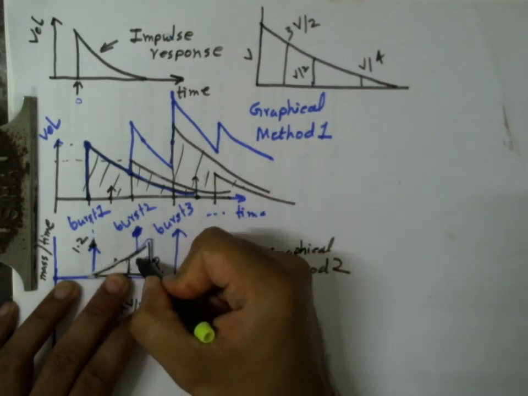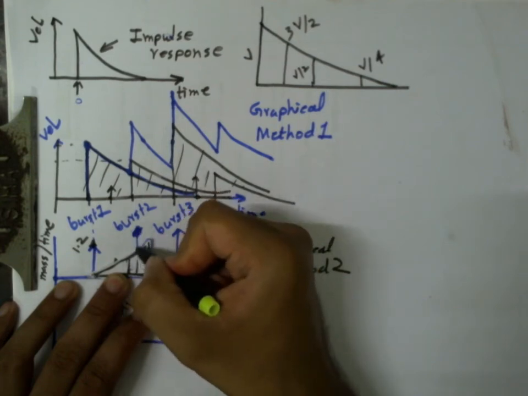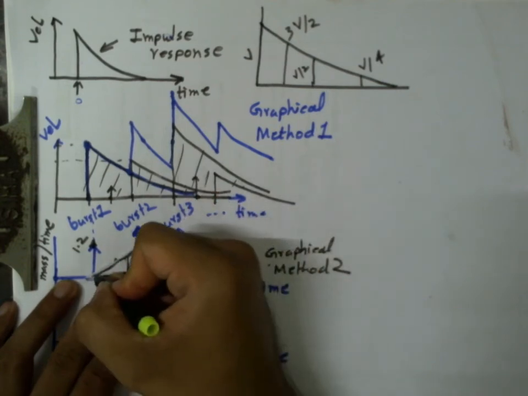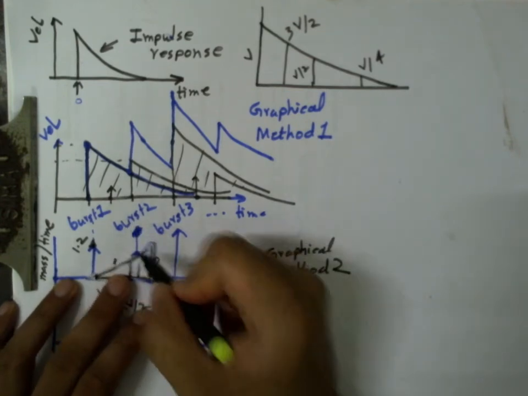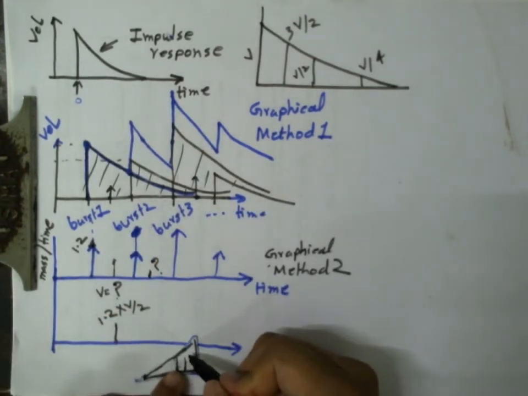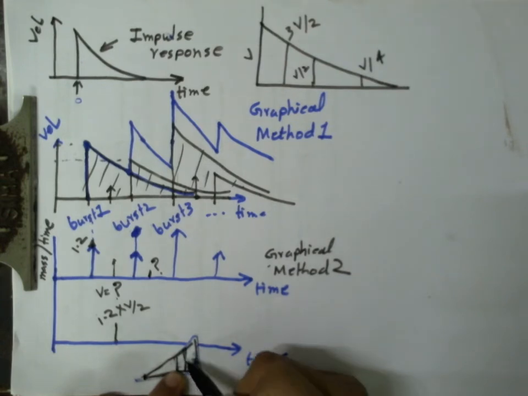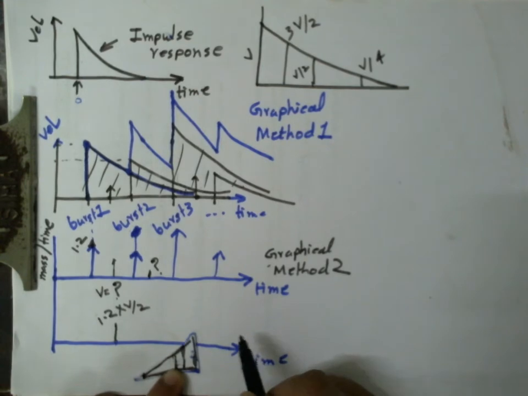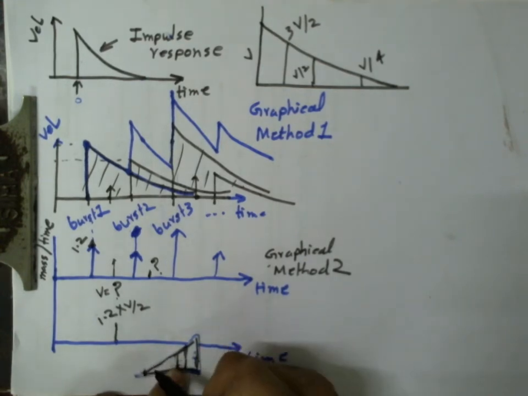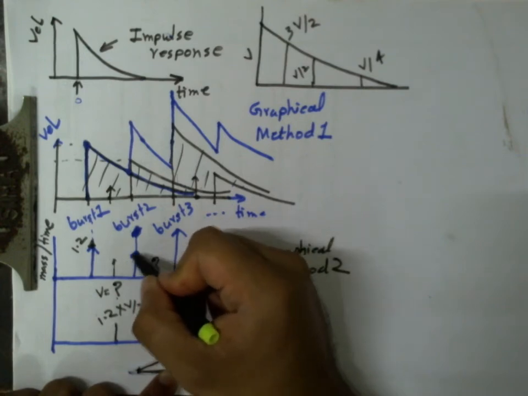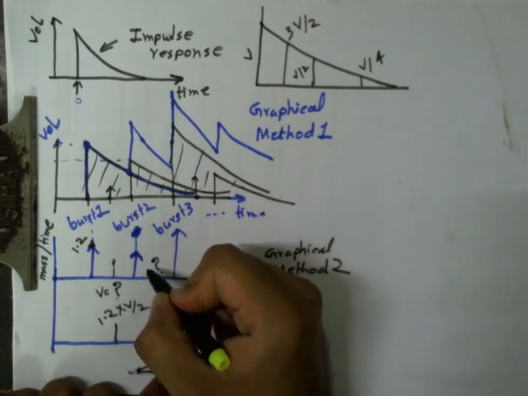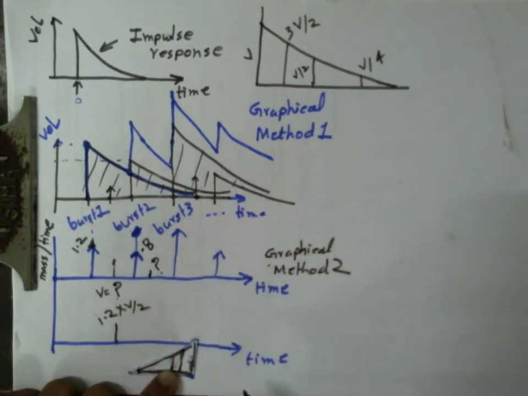One is here, you can see it, it's under this line, another is here, right? And say the height of this velocity here is about 0.7 v, and the height here is about 0.1 v, and say this impulse has a height of 0.8 and this is 1.2.